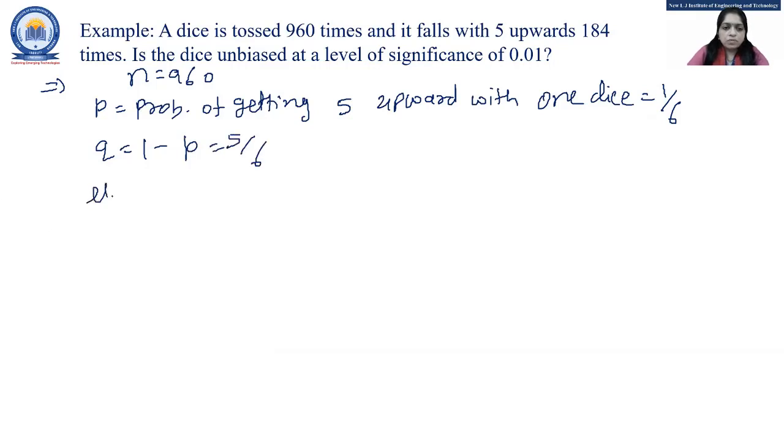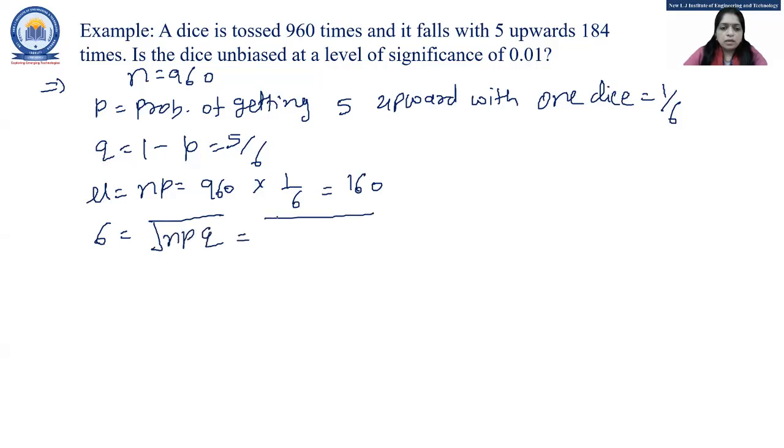Mu, what is mu? NP. So 960 into 1 by 6, that is 160. And standard deviation sigma is square root of NPQ.